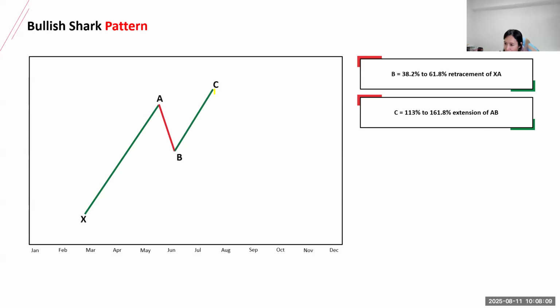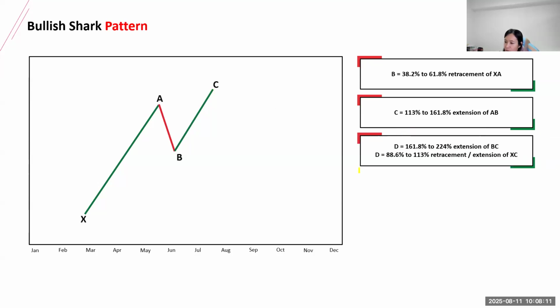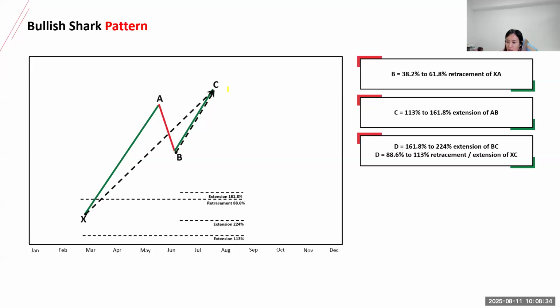And D will be an extension of BC, 161.8 to 224%, or you can measure D as 88.6% to 113 retracement or extension of X to C. So either X to C here, you will see 88.6% to 113.